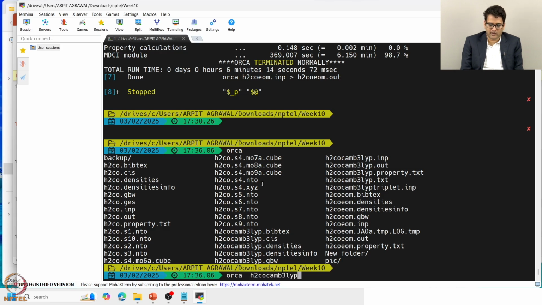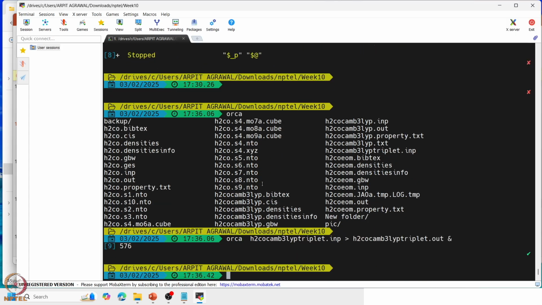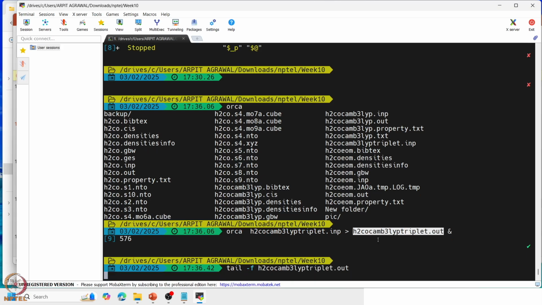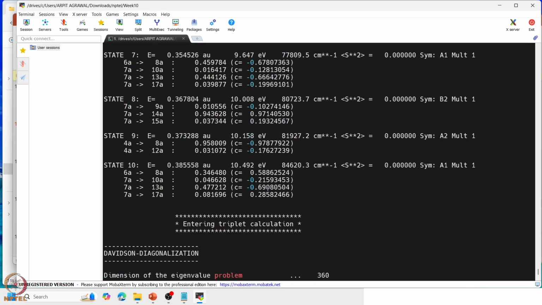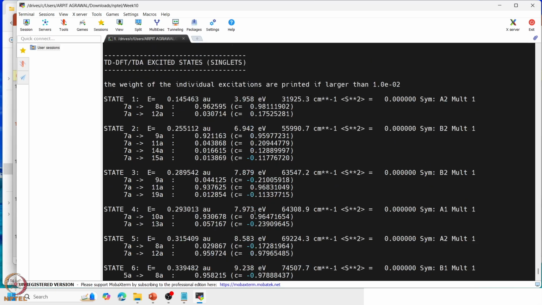H2CO with the triplet. So, if you give the triplet option, it will also calculate the singlet.